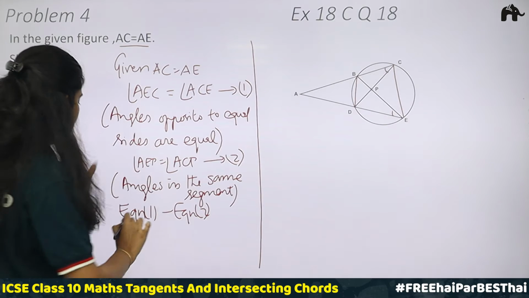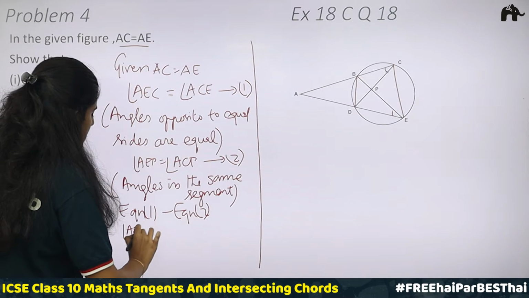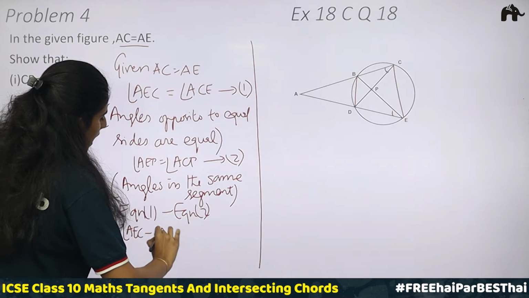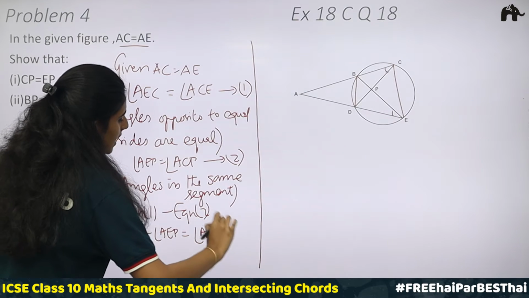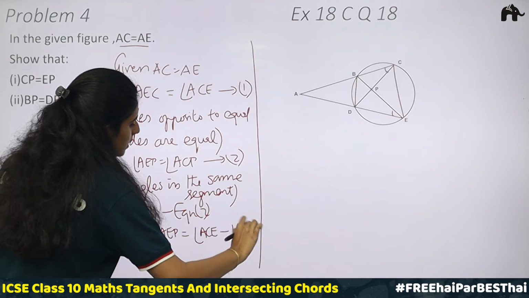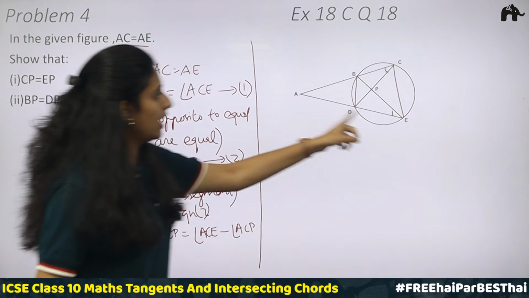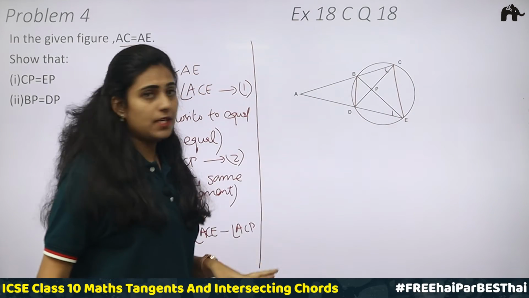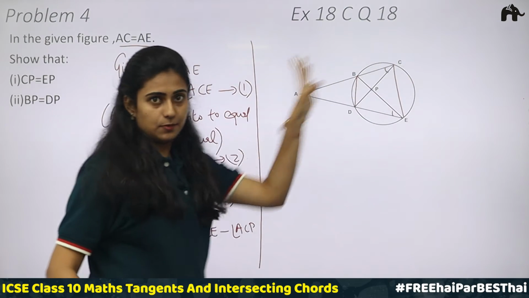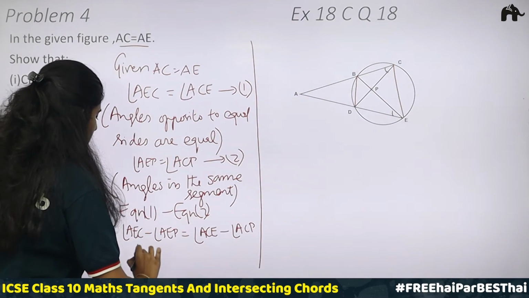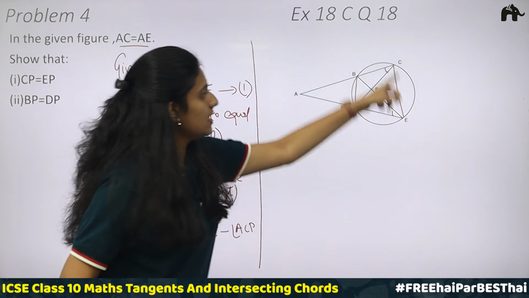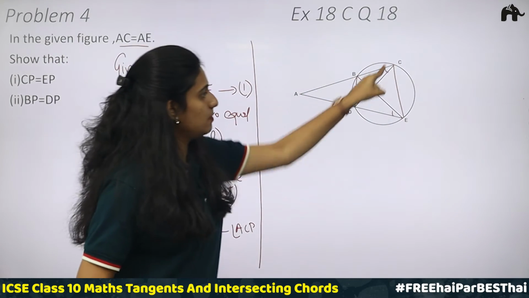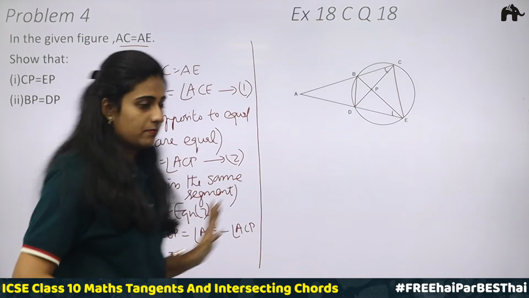Left hand side, we have AEC minus AEP, and RHS ACE minus ACP. AEC minus AEP will give us PEC. Angle PEC equals ACE minus ACP, and ACP is this part. We get angle PCE.